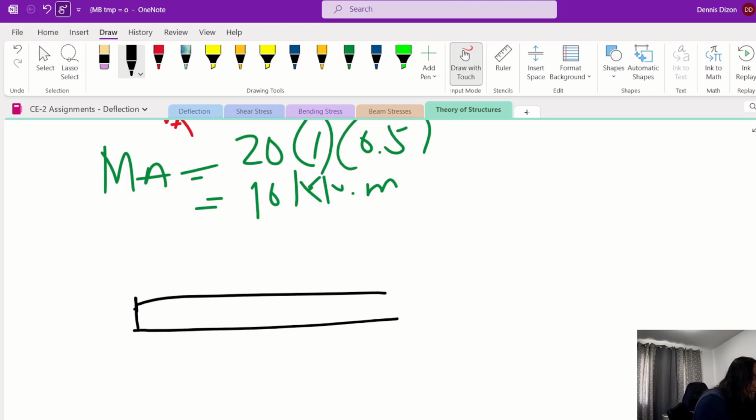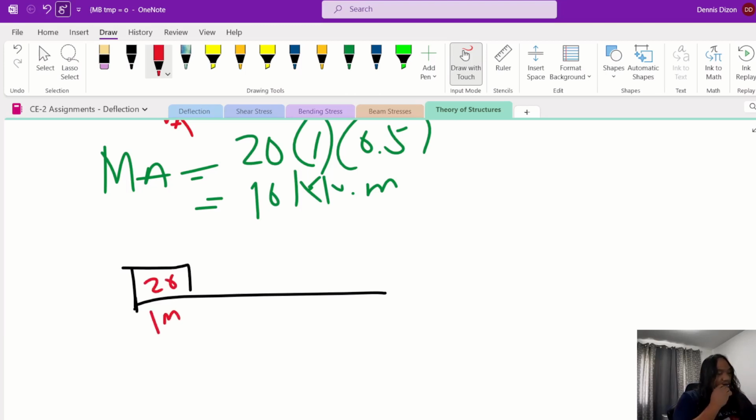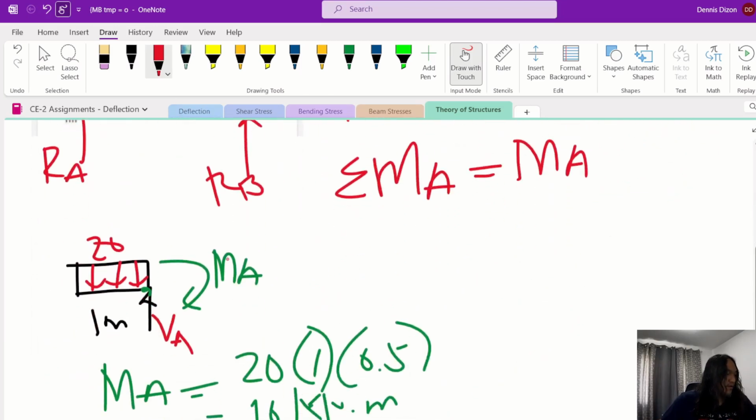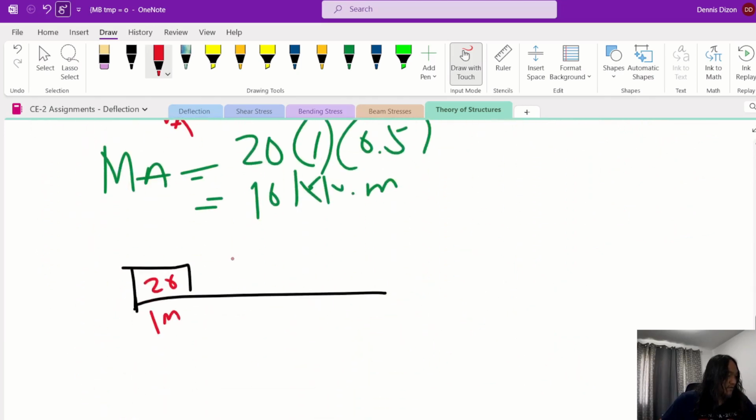This is our uniform load, and this is 20 kilonewton per meter, but this time it is 3 meters, the distance of the uniform load.